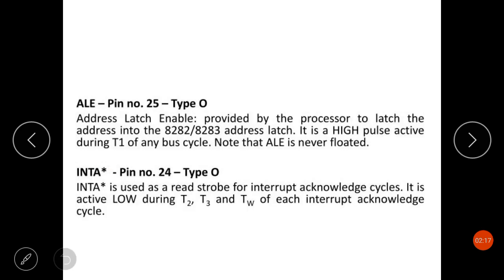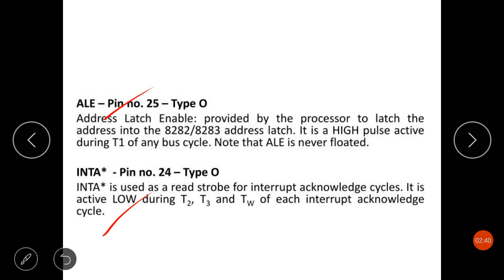Next pin is ALE. This signal is provided by the 8086 microprocessor to demultiplex the AD0 to AD15 lines into A0 to A15 and D0 to D15 using external latches. The next pin is INTA bar. This indicates recognition of an interrupt request.